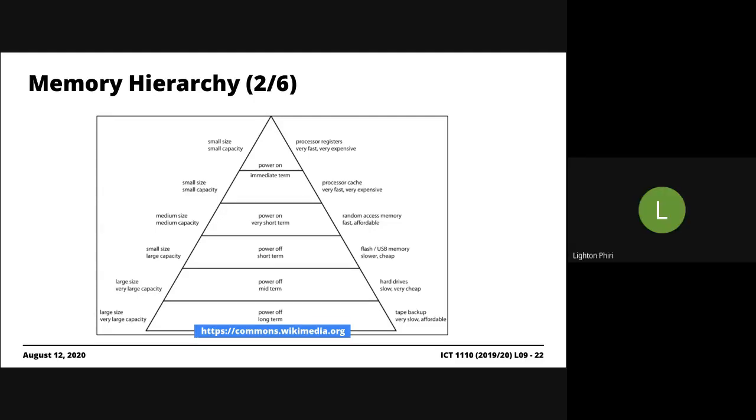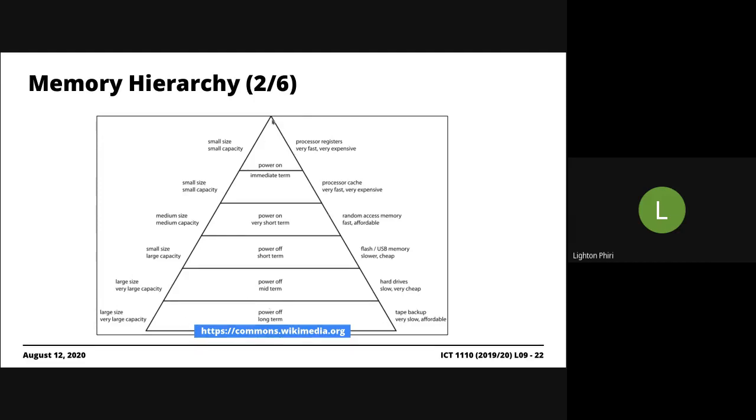No, the BIOS. What we're saying is that this memory hierarchy takes into account everything. You could look at the top as being composed of primary memory, and the base as secondary memory.